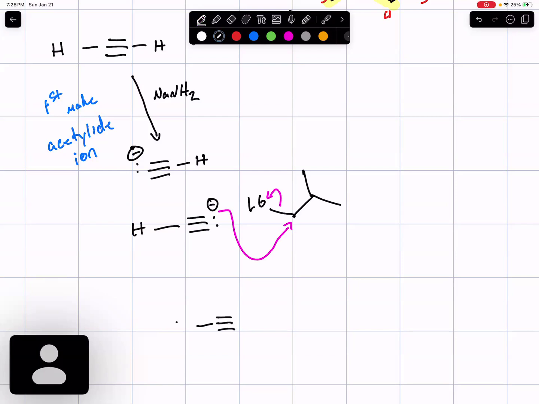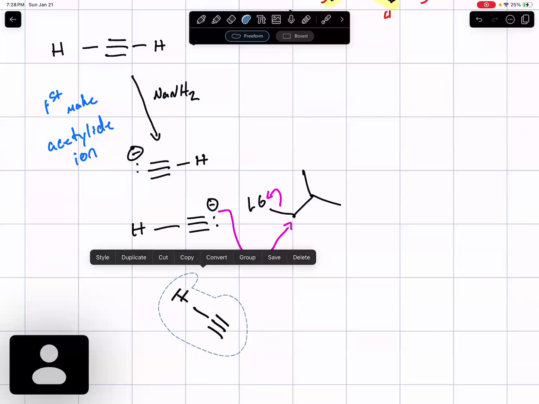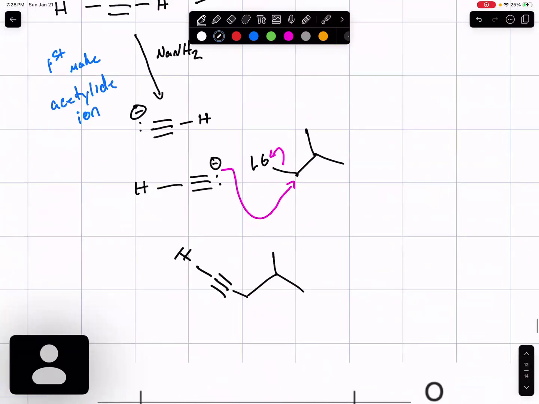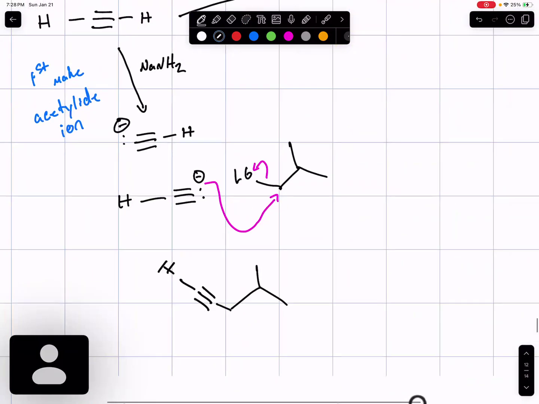this alkyne now connected. Let me draw this a little bit differently. It's now going to be connected to that group, right? That looks very similar to what we just had. Remember, count our carbons, 1, 2, 3, 4.